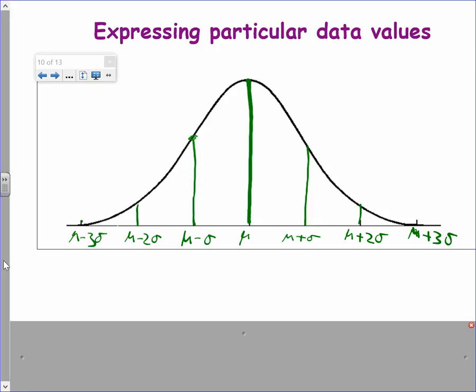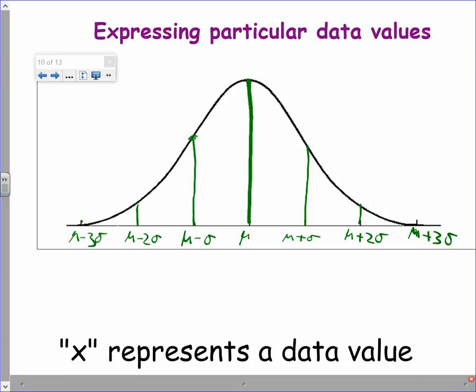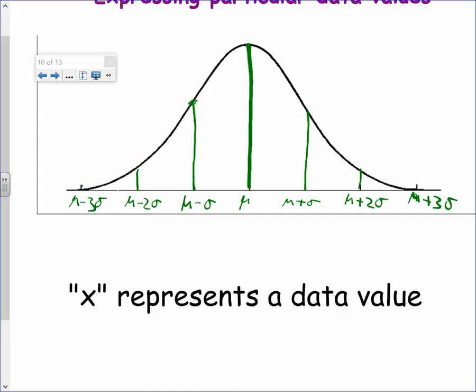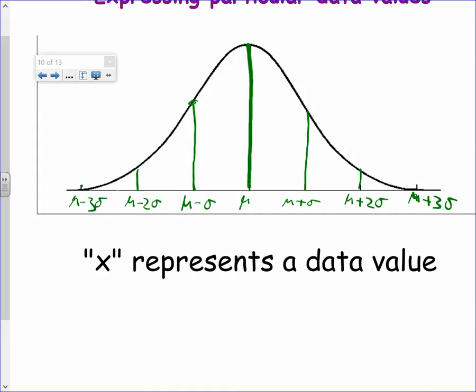Okay, now on your notes, go to write x represents a data value. X represents a data value. Now remember, a normal curve is representing data. And what if I wanted to express a data value within all this data, one particular x value, or one specific data value?